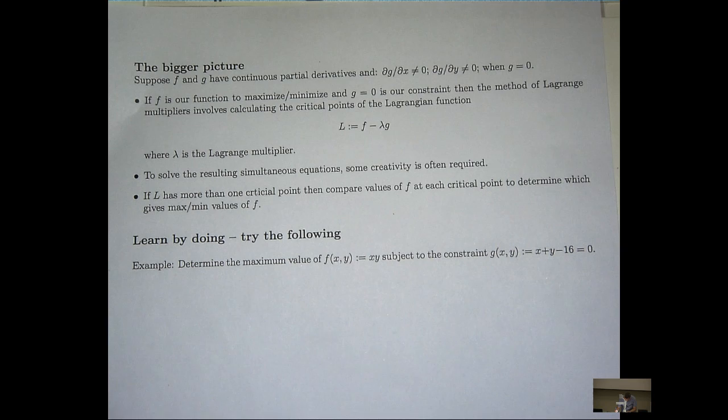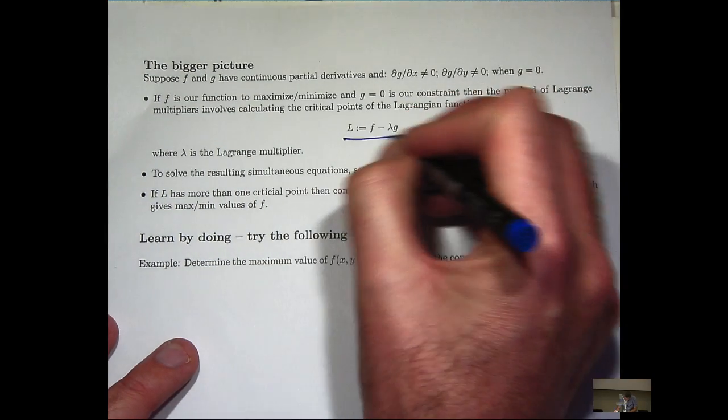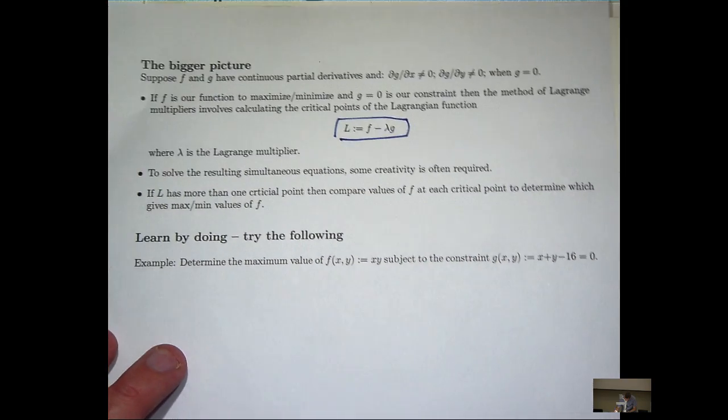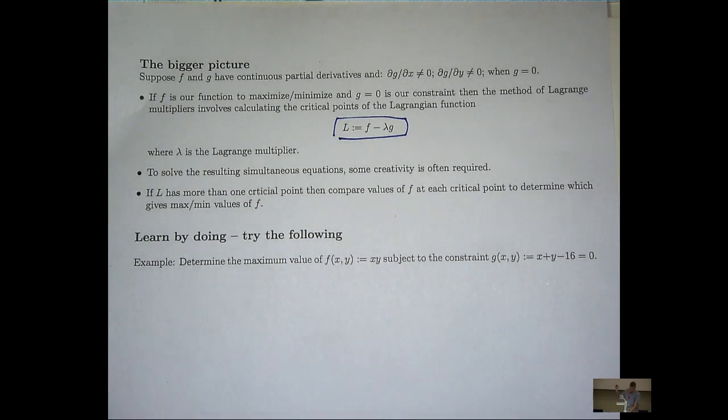Now, if we want to maximize or minimize a function subject to a condition, a constraint, then the process I've used is to define this Lagrangian function and then calculate the critical points. Now, in this case, our function had more than one critical point.